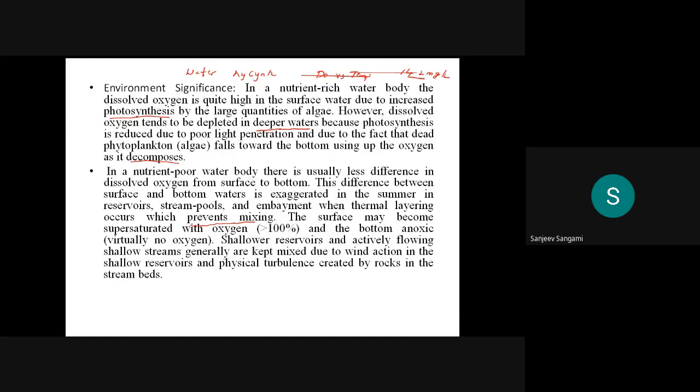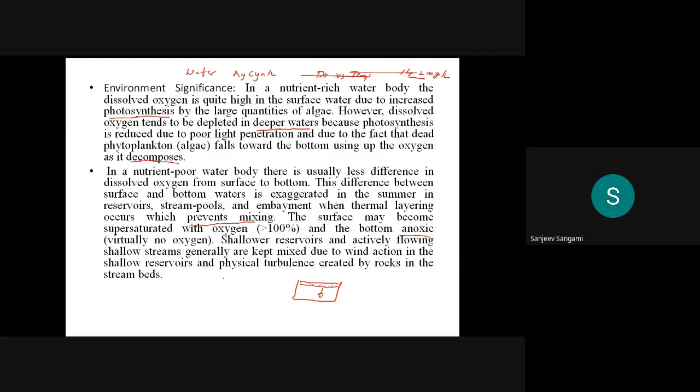When the oxygen is not there, we call it an anoxic condition. Sometimes, if you see the surface portion of any pond, it may be supersaturated with dissolved oxygen. But as it goes down towards the depth of the water and the deeper sections, sometimes it may create anoxic conditions.